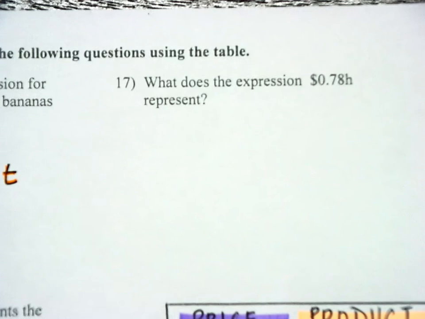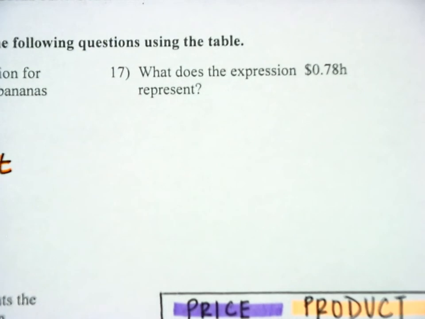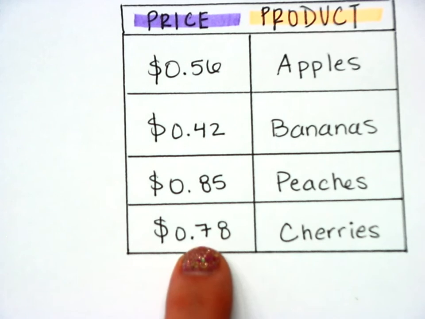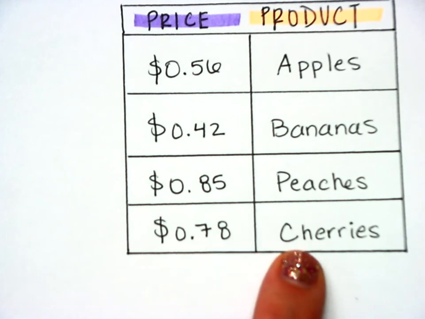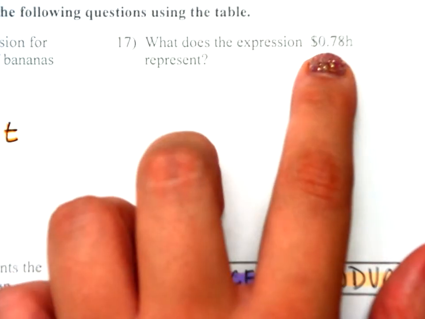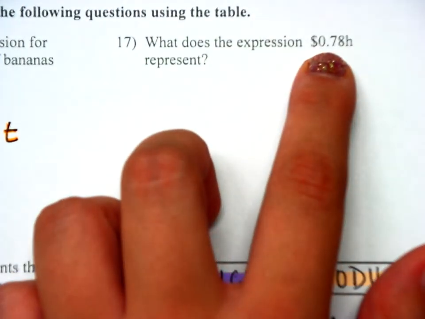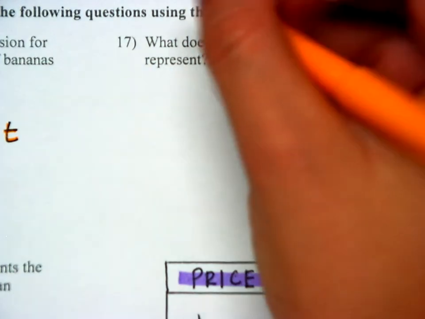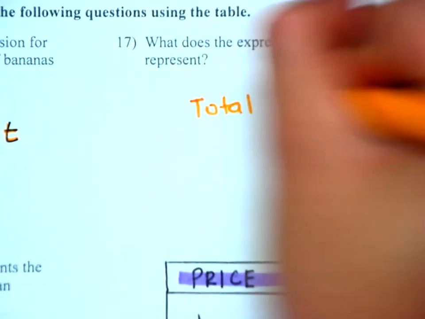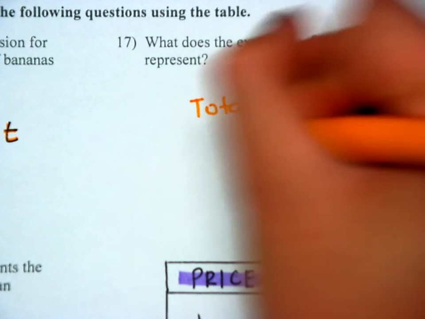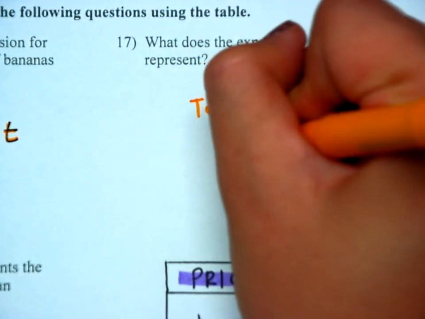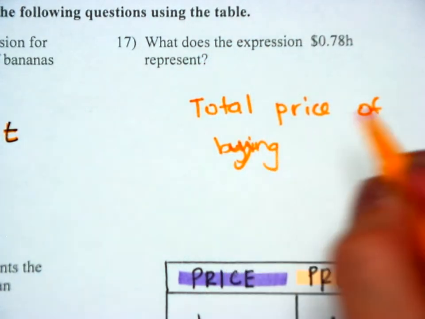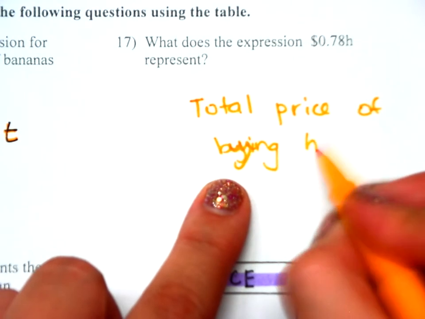What does the expression 0.78H represent? So I'm going to look at my table and see, where do I see that value? Okay, cool. I see it right here. So that is related to cherries. This is the price of cherries. So if I have the expression 0.78H, that tells me that this expression represents the total price of buying H cherries.